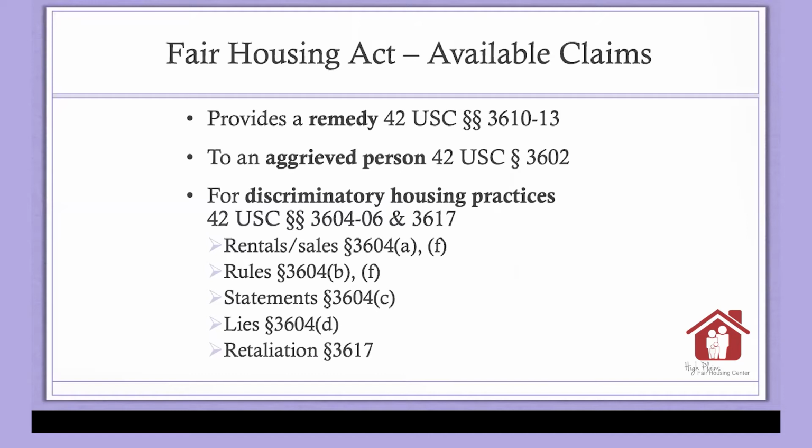And so to try to distill them into categories so we can keep track of them and learn what they're about, here are some ways of thinking about them. Discriminatory housing practices might be said to fall into these categories: rentals or sales, rules, statements, lies, and retaliation.